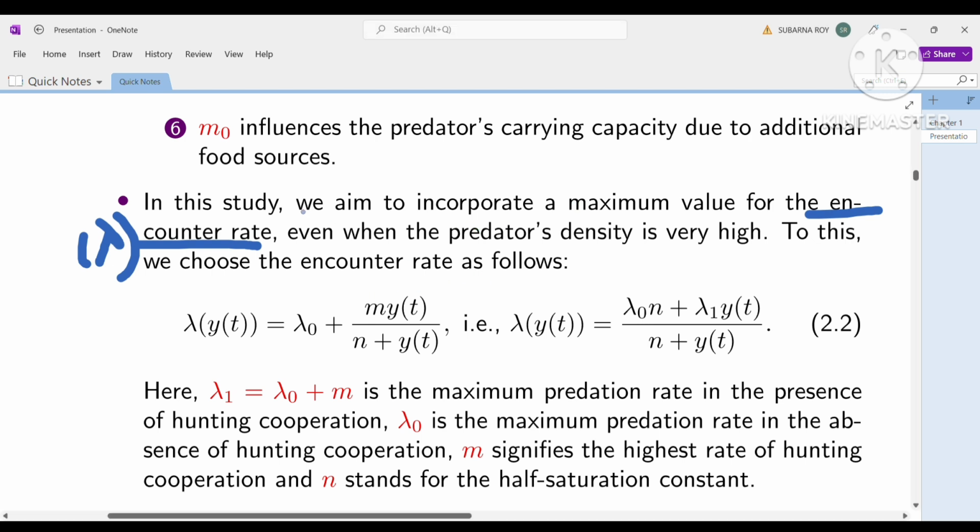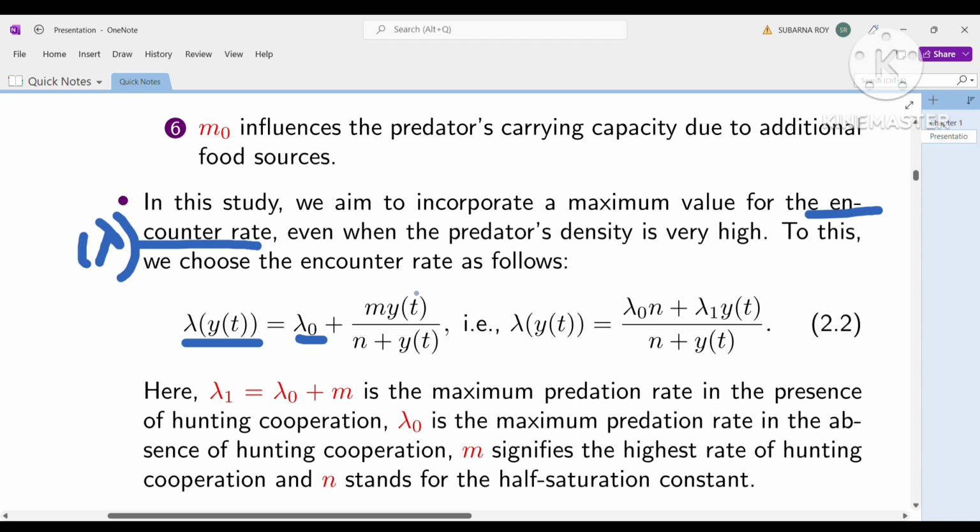And as we aim to incorporate a maximum value for this encounter rate lambda, we choose lambda as a function of y, that is lambda 0 plus m y divided by (n plus y). So it is dependent on predator population.